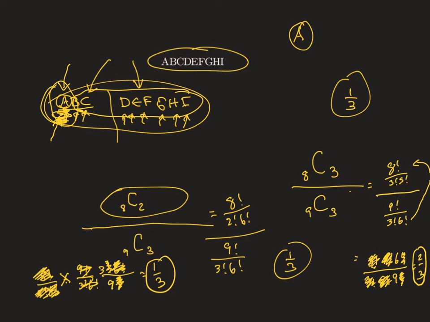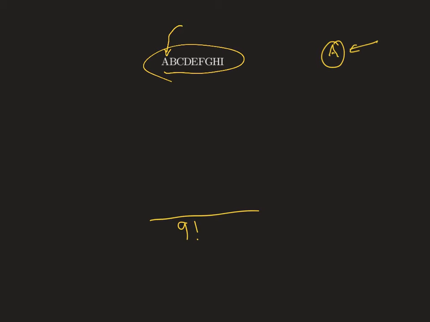All right, let's try and do the same thing with straight up factorials. Since there are 9 factorial different ways that you can arrange these horses, and let's call A the winner, we want to know the probability that A will be one of our 3 chosen.